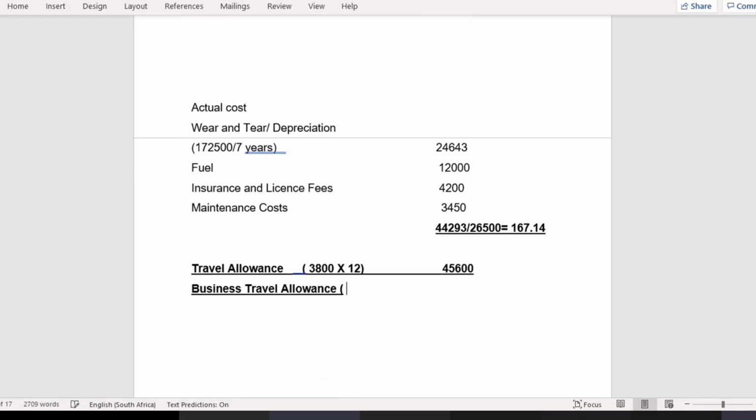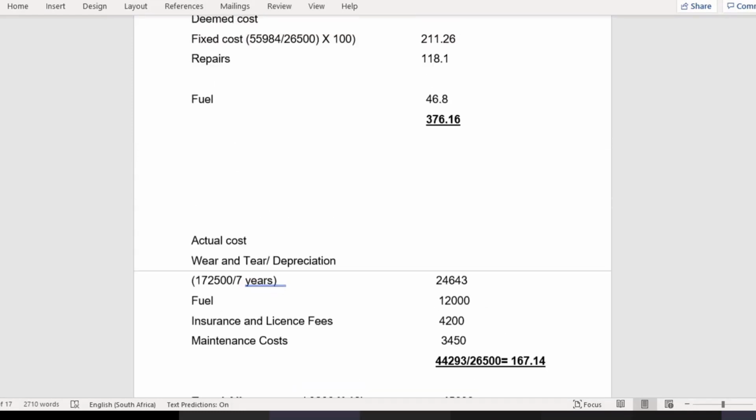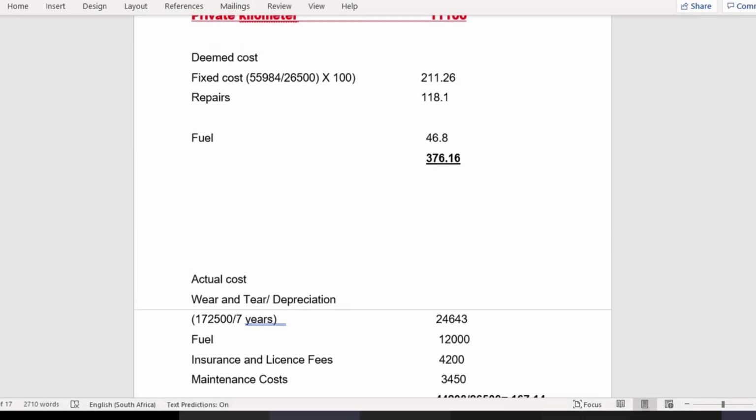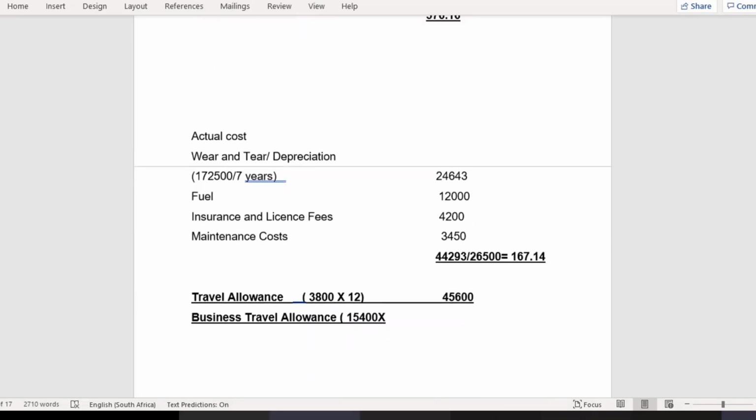You're going to say 15,400, and then you multiply by the greater of your deemed and actual cost. So you say multiply by 376.16, that is the greatest, and then you divide that by 100.